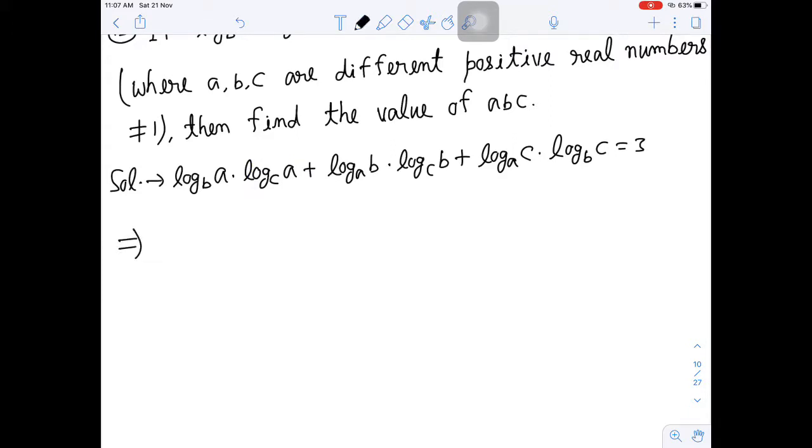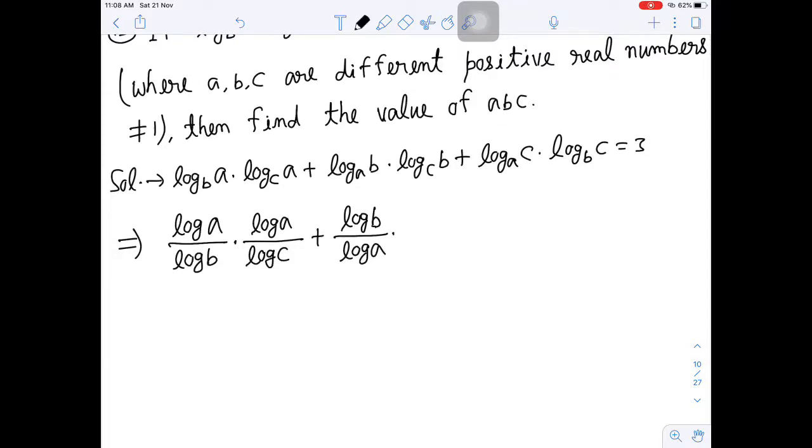So if you express like that, then you will get in the numerator, first of all you are getting log a by log b into you are getting log a by log c, then you are getting log b by log a, and into you are getting log b by log c, plus you are getting log c by log a, and you are also getting log c by log b.